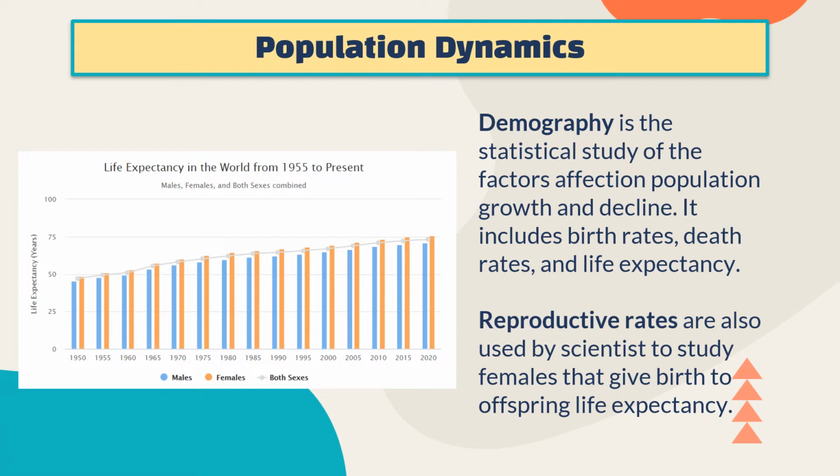Demography is the statistical study of the factors affecting population growth and decline. It includes birth rates, death rates, and life expectancy. Reproductive rates are also used by scientists to study females that give birth to offspring.